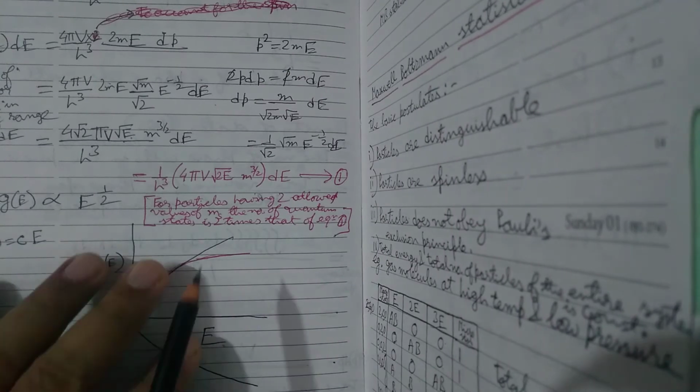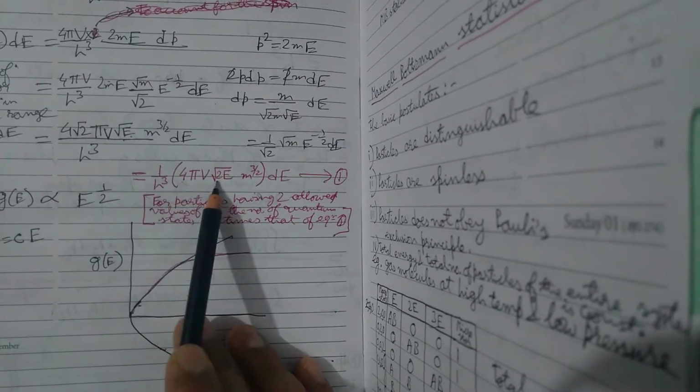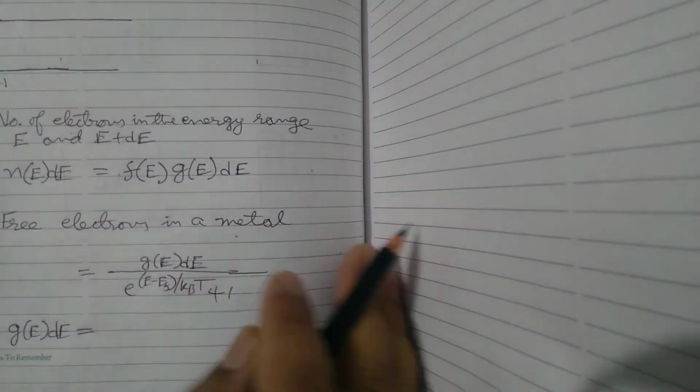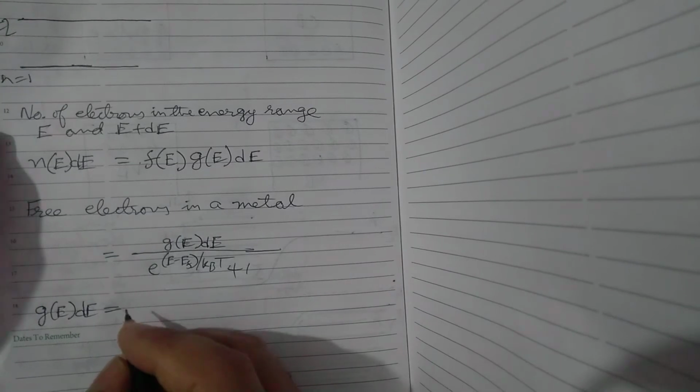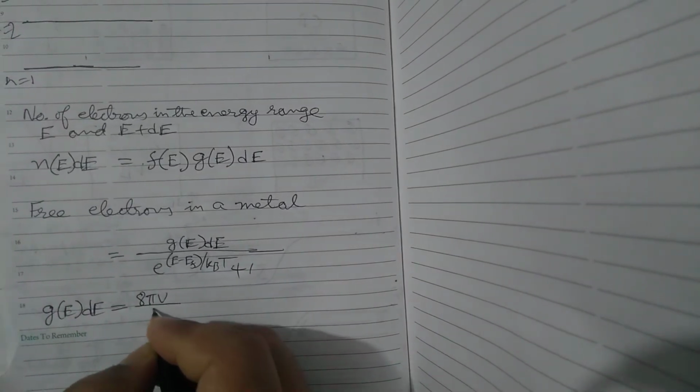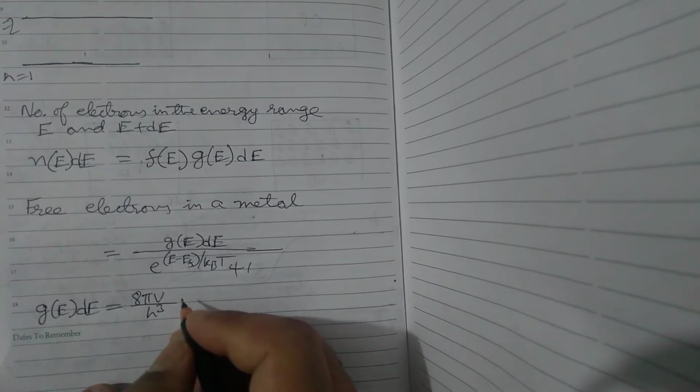So this will be 8 pi V by h cube times square root of 2 E m to the 3 by 2. Okay, so let me write it here. This will be 8 pi V by h cube into, did I tell?